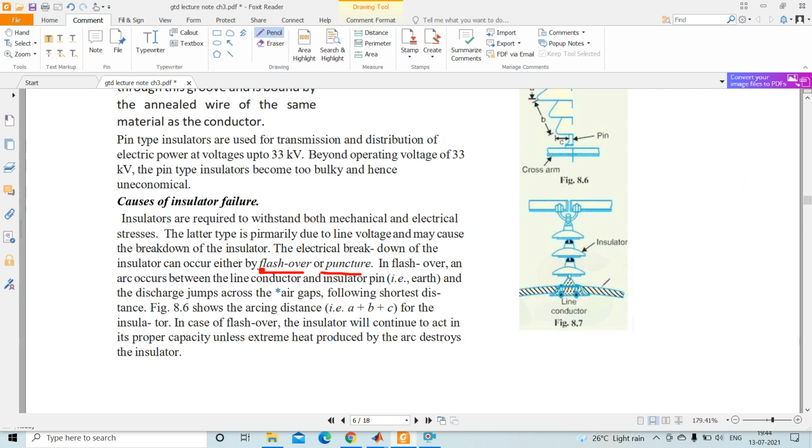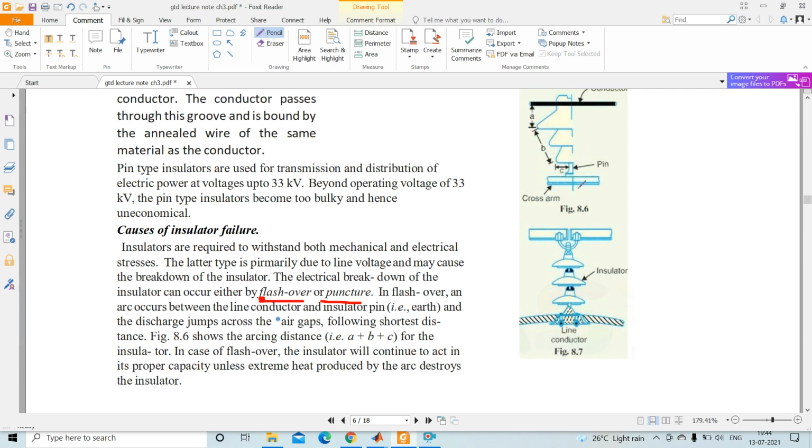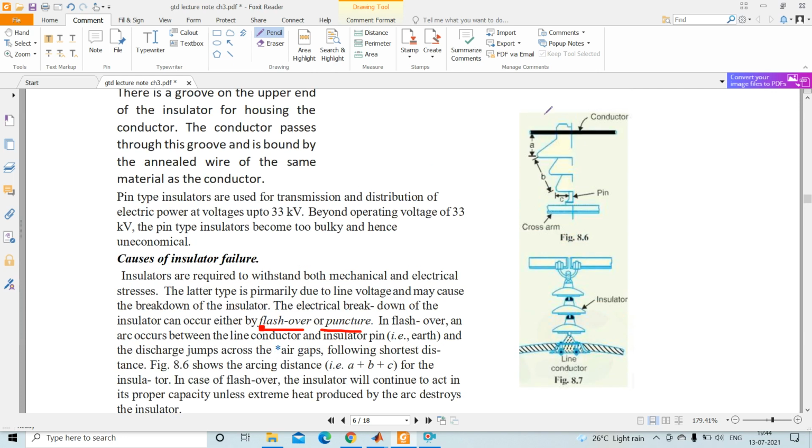So from the conductor to the pin, flashover is like an arc, like a spark.